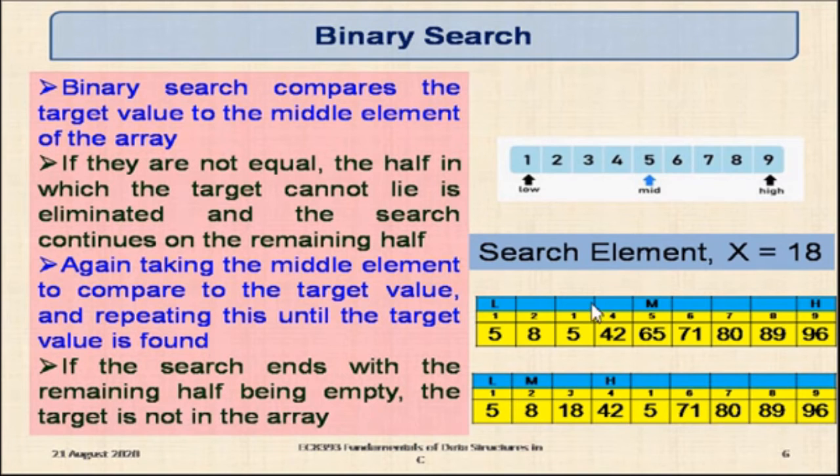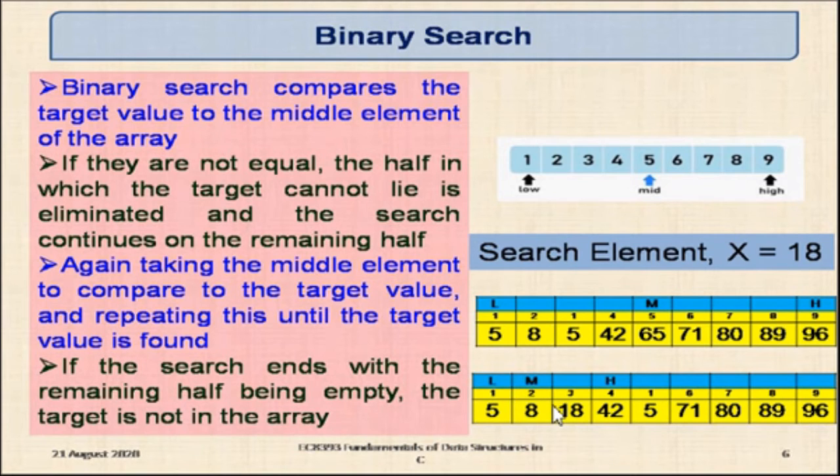So in the first iteration, the entire list is the effective list. In the second iteration for this example, only four elements will be in the effective list. We will not be bothering about the remaining data items. And in the succeeding iteration, again 50% of this will be discarded. So in this way we'll be proceeding.